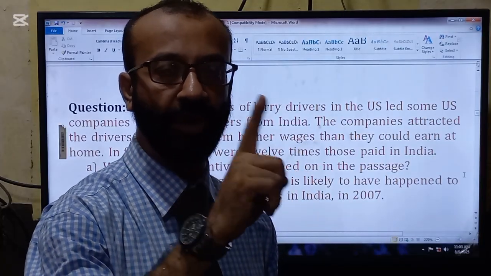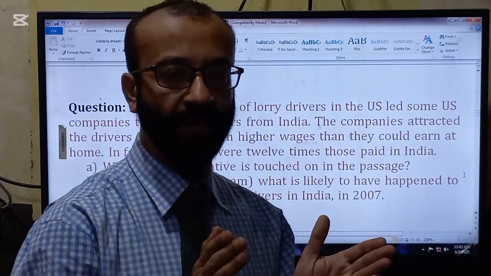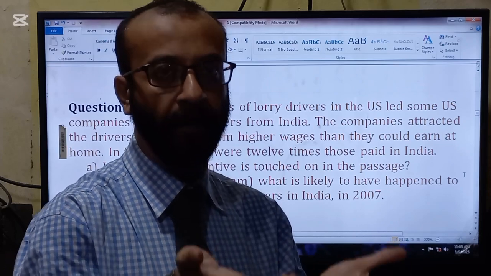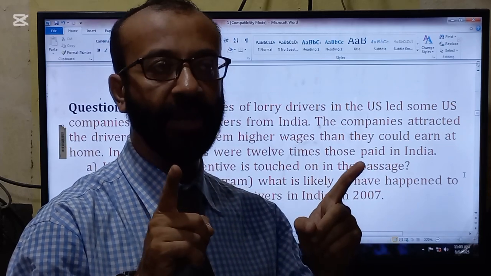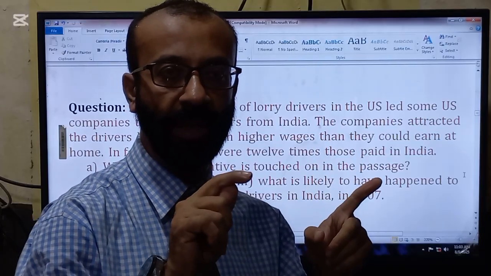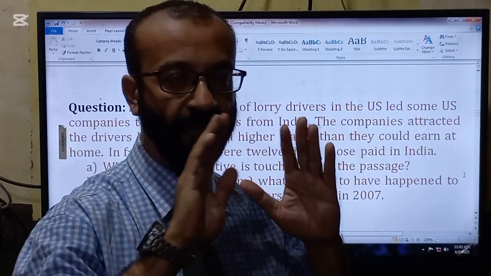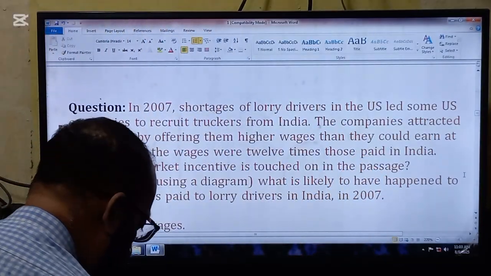There will be a shortage of truck drivers in India, and because of this shortage there will be an upward pressure on the equilibrium wages of the truck drivers in India to reset at a new equilibrium wage. That will definitely be higher than the previous wage. So this will be the effect.